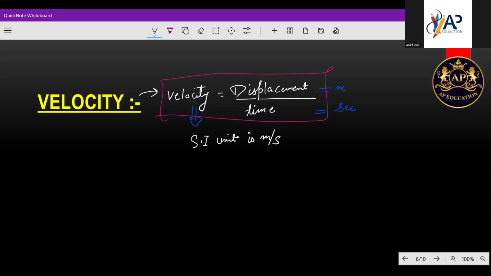We know that displacement is a vector quantity and velocity is also a vector. We even write this formula like this: velocity is final position minus initial position with respect to time.